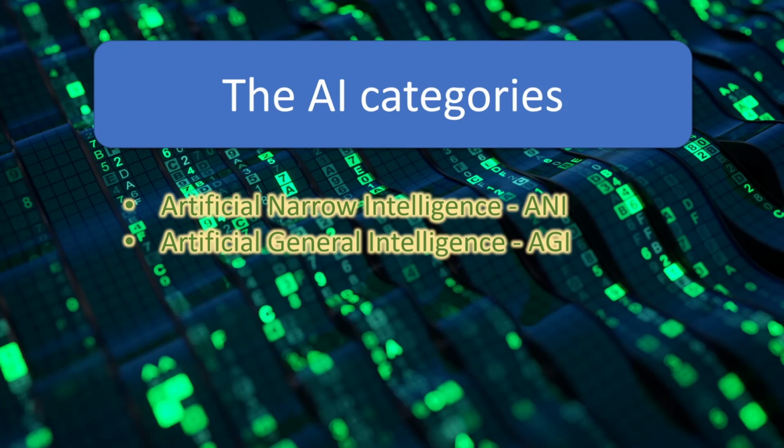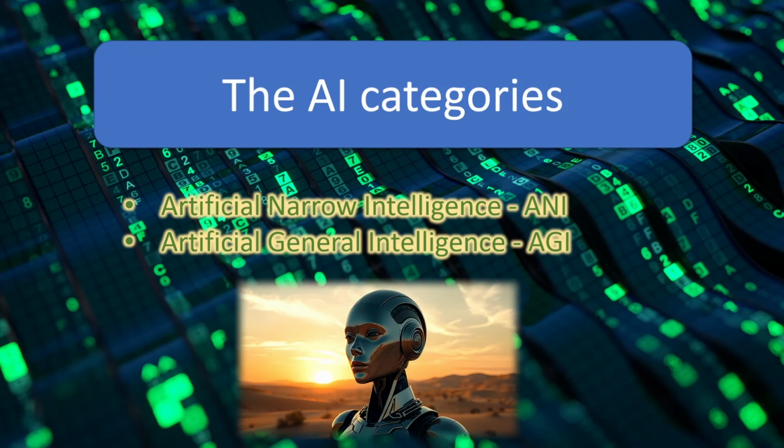Artificial general intelligence. We are not quite there yet, although recent uses of AI chatbots have been much in the news. However, these are just ANI systems, so far. AGI refers to a type of AI that possesses the ability to understand, learn, and apply knowledge across a broad range of tasks at a level comparable to a human being.